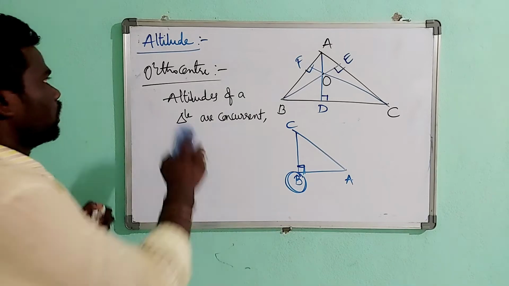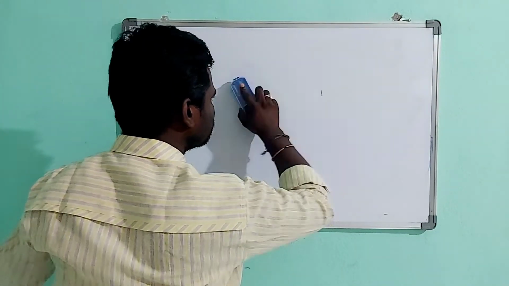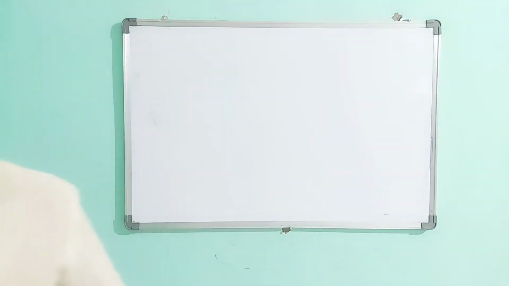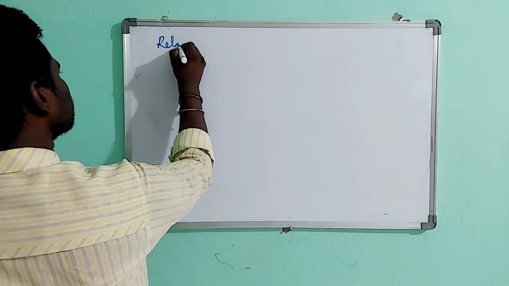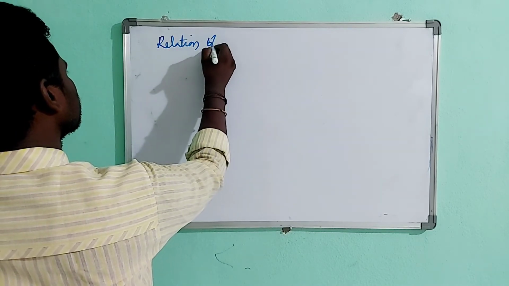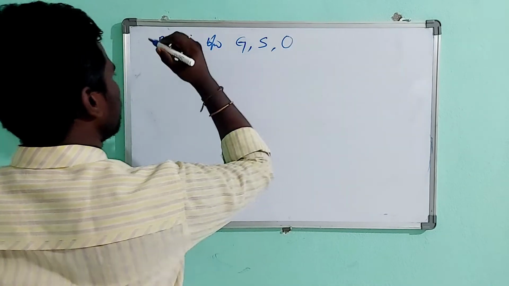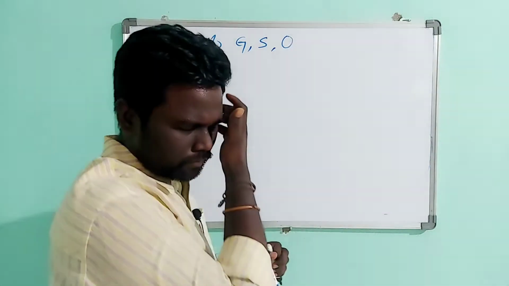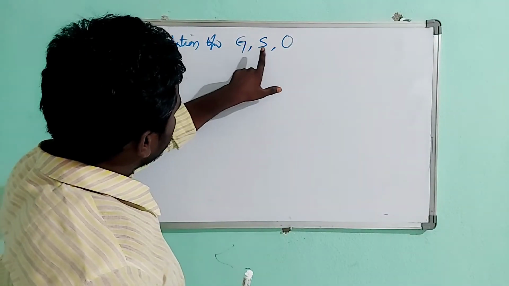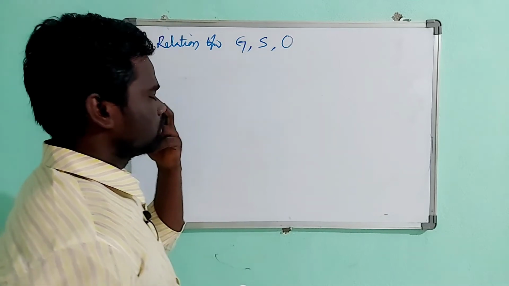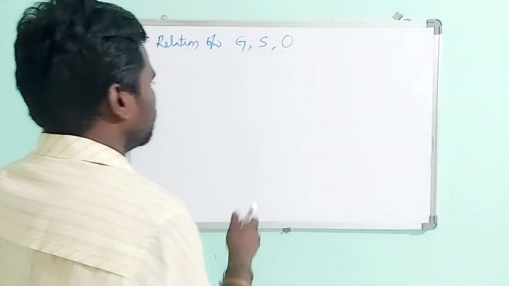Now, what is the relation between centroid, circumcenter and orthocenter? The first main thing is that the centroid, circumcenter and orthocenter all lie on the same line, which means they are collinear.